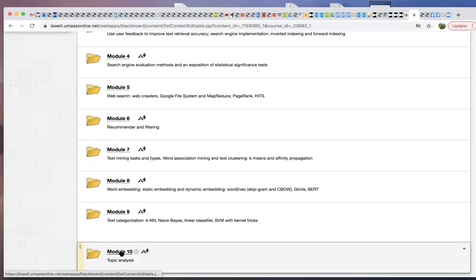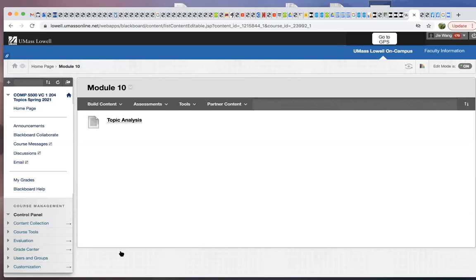So now we can look at topic 10. This is topic analysis. Now we are coming back to text data. SVM, KNN, Naive Bayes can be used to classify any data points, any data sets. But for text mining, of course, we want to use these tools to find out the topics of the underlying text document.